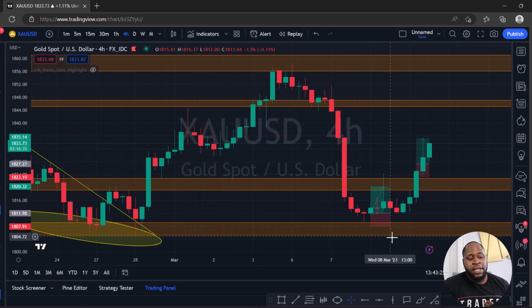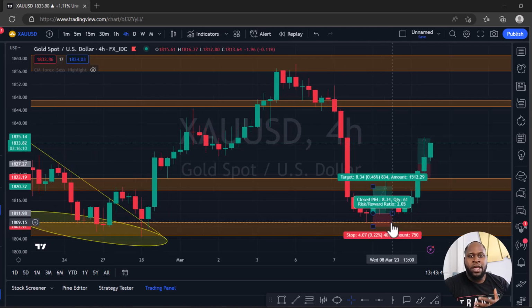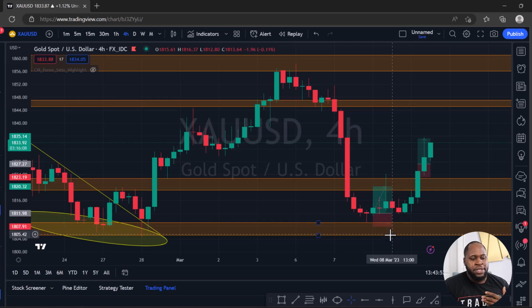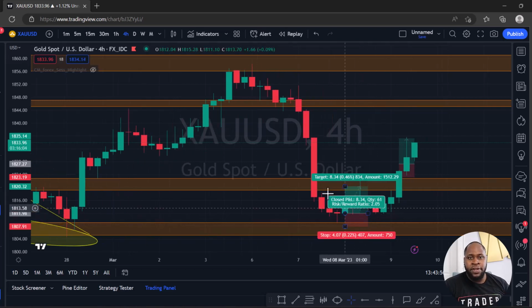Now, one of the indications that give us an idea of what price is going to do is candlestick structure. Now, what are the candlesticks doing as they approach support? Are they aggressively going into support or are they wicking off of support, showing that there's a lot of seller exhaustion in those areas as it approaches that area of support?